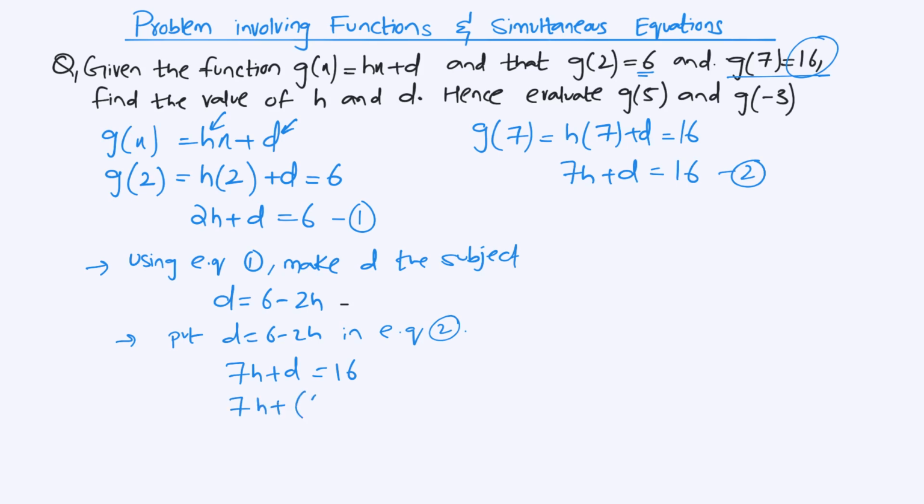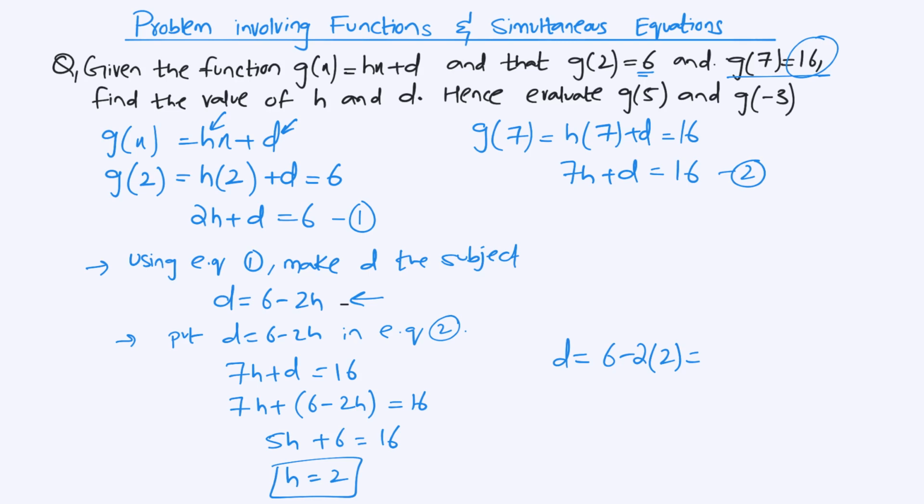In place of d you will place 6 minus 2h, so that your entire equation is in one variable, which is h. So 7h minus 2h, 5h plus 6 equals 16, and the h value comes out to be 2. So when h is 2, d was equal to 6 minus 2h. So d would be equal to 6 minus 2 times 2, which is 6 minus 4, and that is 2. So d is 2 and h is 2.